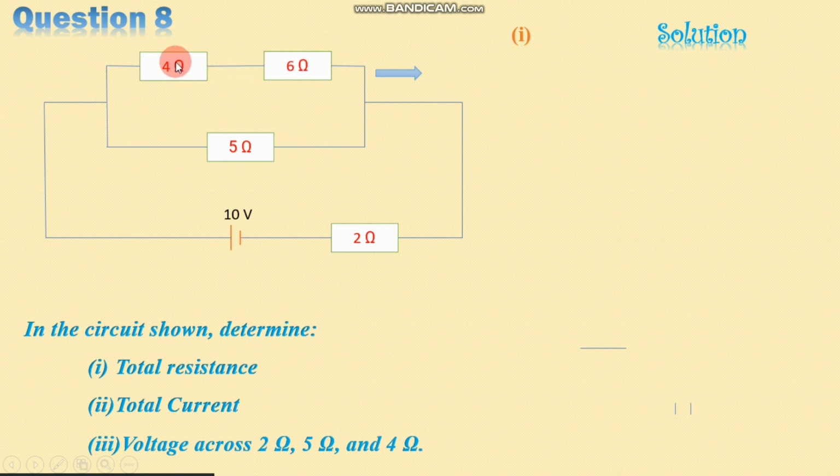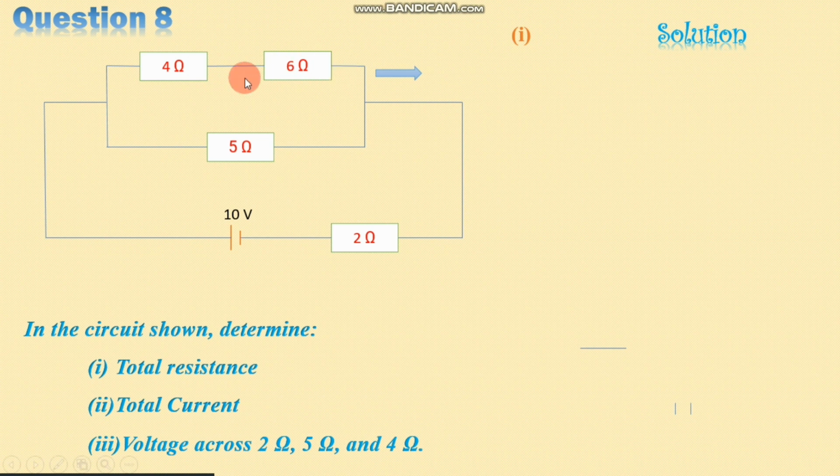That means the voltage at the 4 ohm plus the voltage at the 6 ohm. Voltage is given by current times resistance, meaning we have current flowing here and we have current flowing here. But the current flowing here and the current flowing here, when the resistors are connected in series, the current is the same. What changes is the voltage.